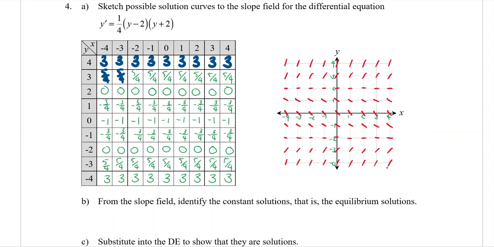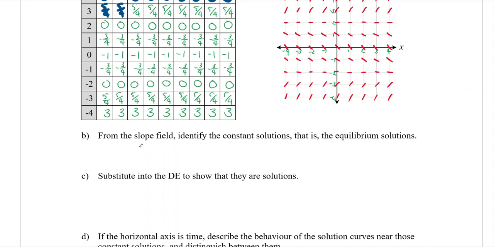So from the slope field, identify the constant solutions. Where do you think they are? What can you see? Some nice lines happening. Yes. And I'm assuming you meant y equals, because of course you did. When y equals 2 and y equals -2, because both of those have gradients of 0 the whole way through.